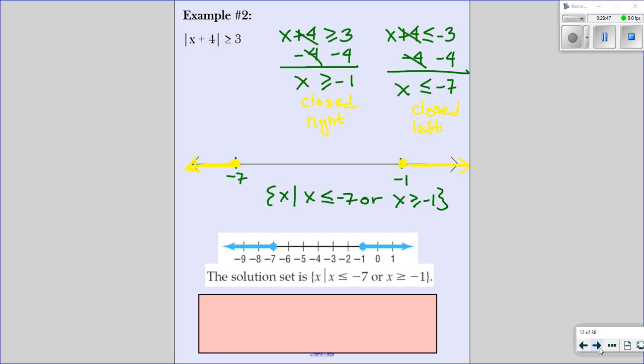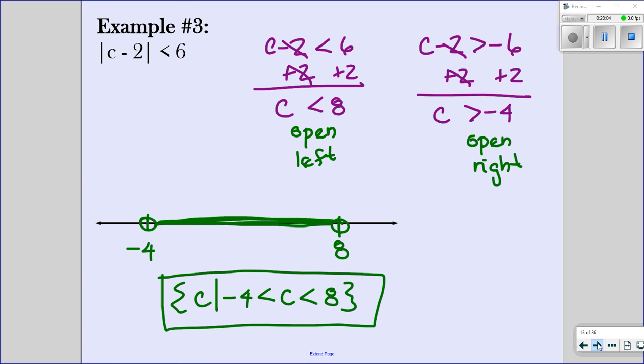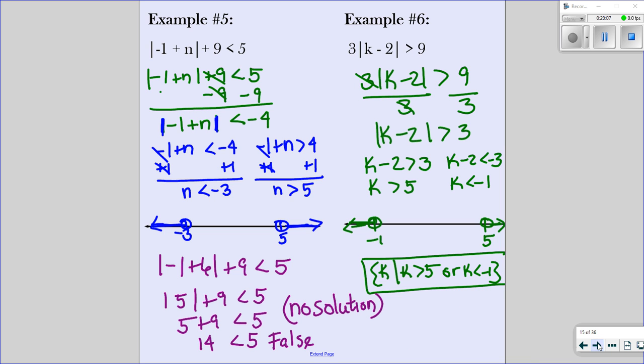With the or, the lines on the graph are going to go in separate directions. So again, you break it into 2. One of them will be negative with the symbol flipped, and you figure out if it's open or closed, and then which direction. But there are going to be cases where you need to do multiple steps.